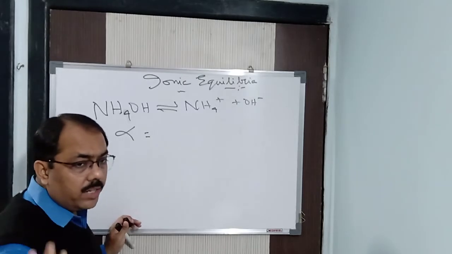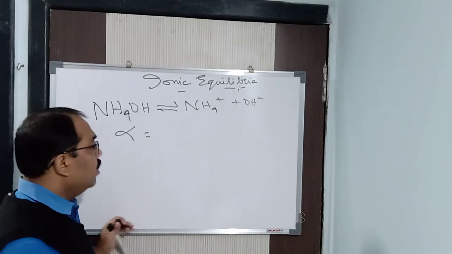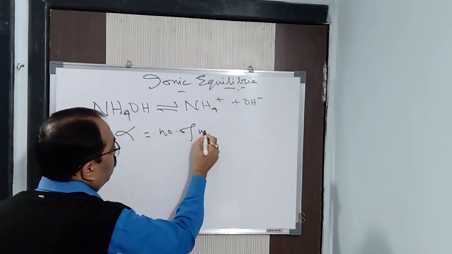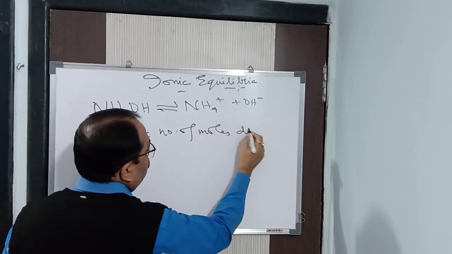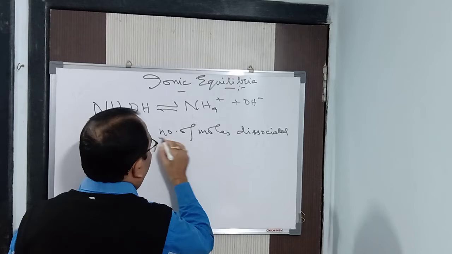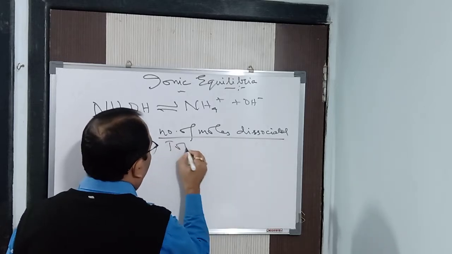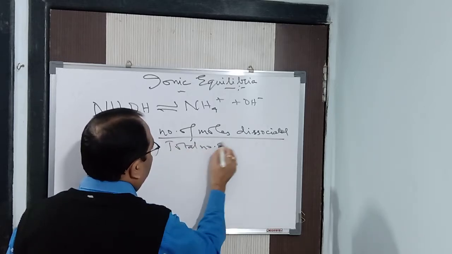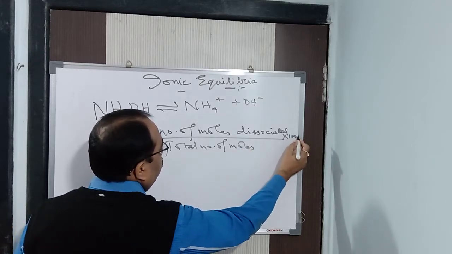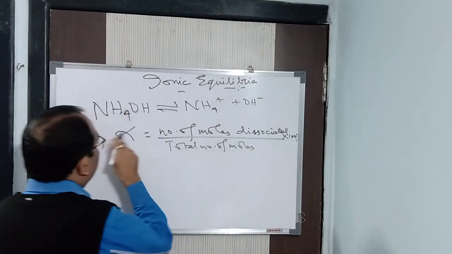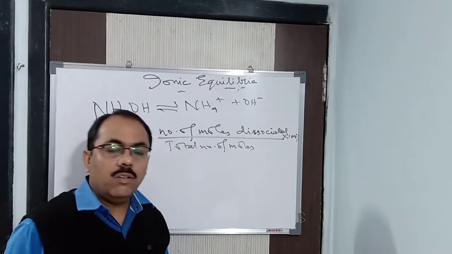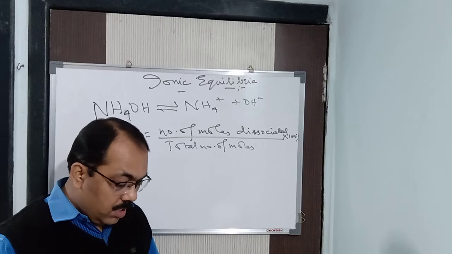Alpha is equal to the number of moles dissociated by the total number of moles, into 100%, because we measure the degree of dissociation in terms of percentage. Whatever you get, you multiply by 100%, and that gives the degree of dissociation.